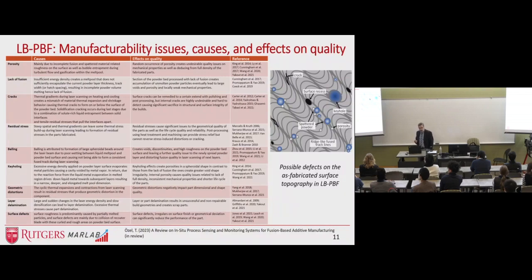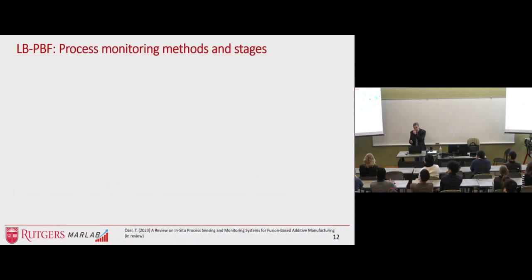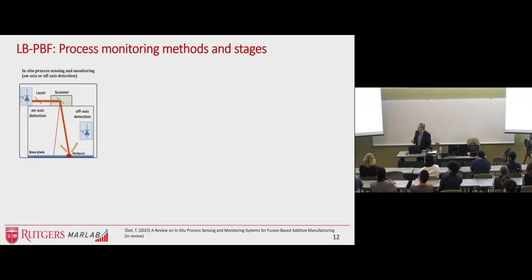So you have porosity, lack of fusion, cracks, residual stresses, balling, keyholing, geometric distortions, layer delamination, and surface defects. All of the causes are pretty much associated with the process. So if you can understand the process through simulation models and through monitoring the process, then you can maybe control and predict the quality and control the process.